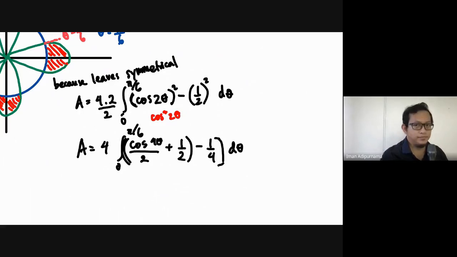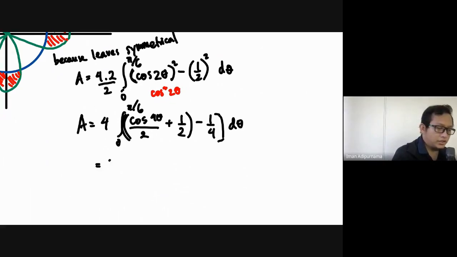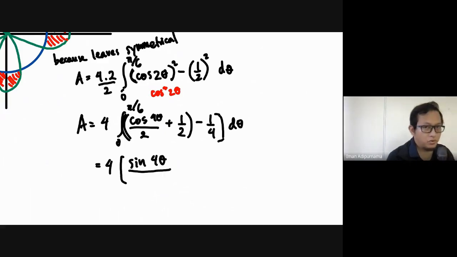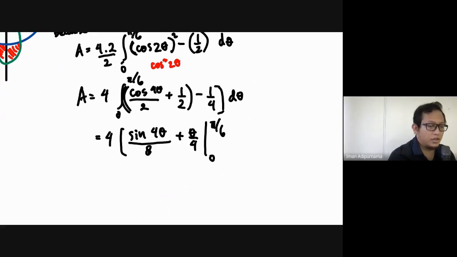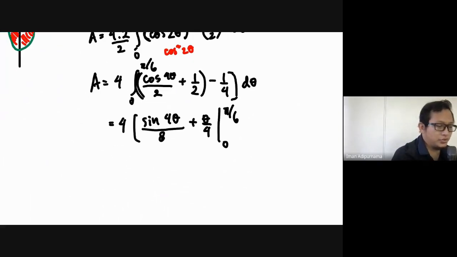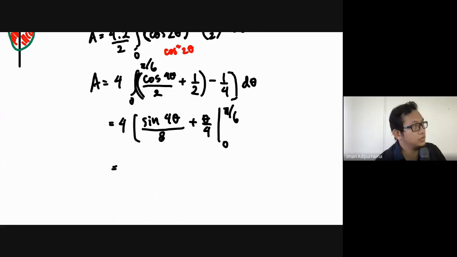Okay. And now let's integrate. Cos 4 theta becomes sine 4 theta divided by 4. So it should be sine 4 theta divided by 4, and multiplied by 2 is 8. And then half minus 1 over 4 is plus 1 over 4, so plus theta over 4, from 0 to pi over 6. And plug pi over 6 into the equation.